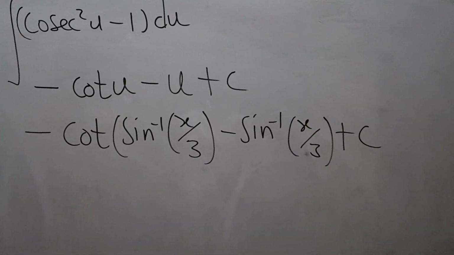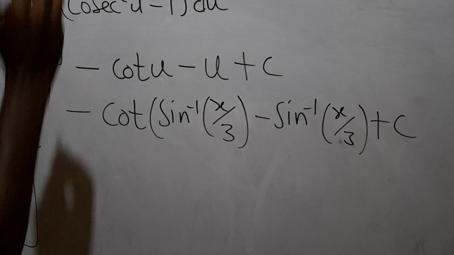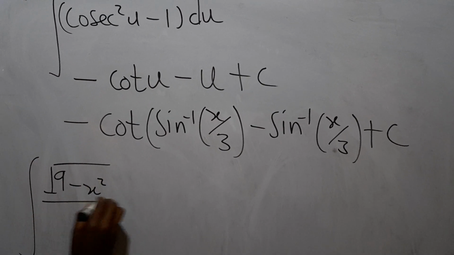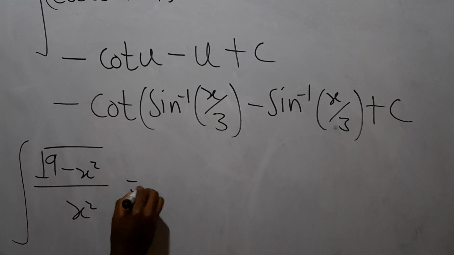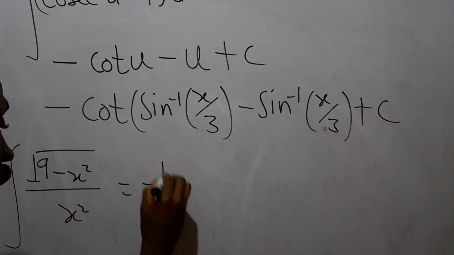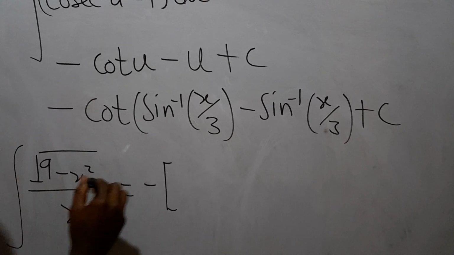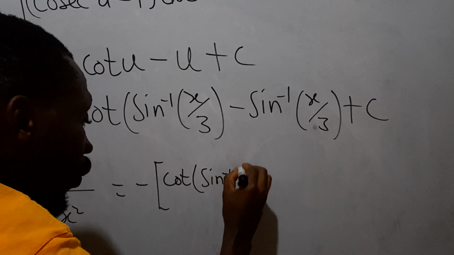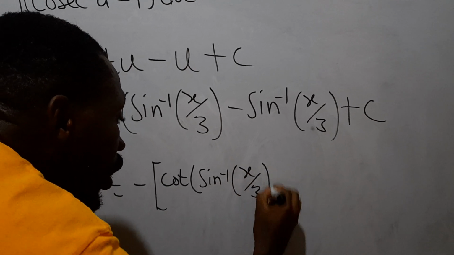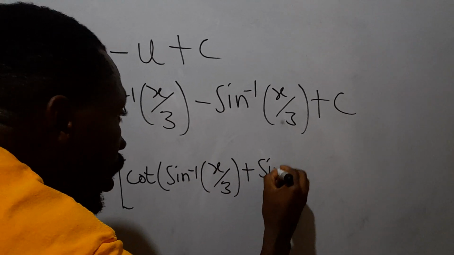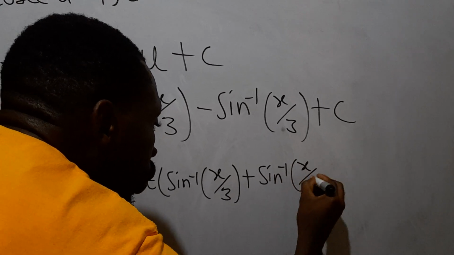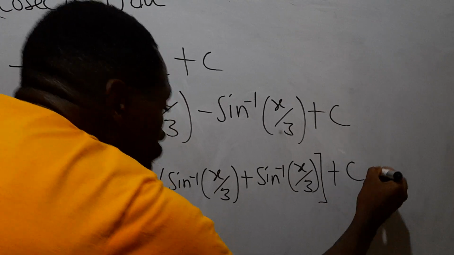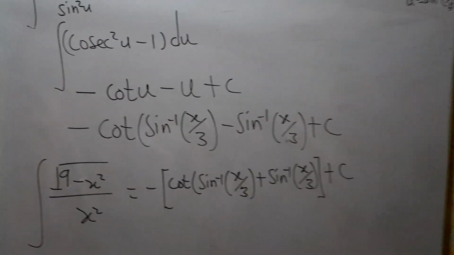So we can conclude that the integral of the square root of 9 minus x squared all over x squared will be equal to negative, I'll factor out the negative, cot of sine inverse of x over 3 plus sine inverse of x over 3, then plus our constant of integration. I hope you get this.